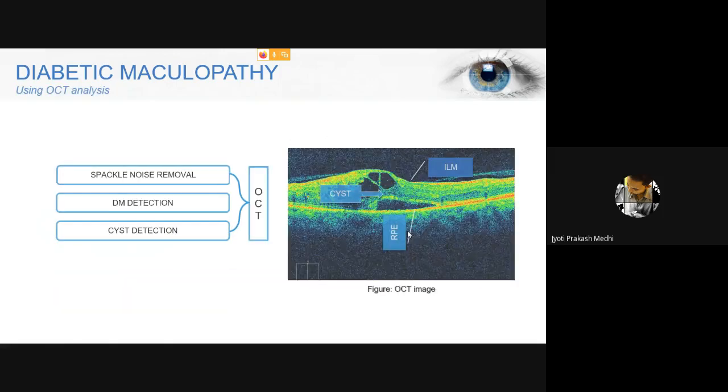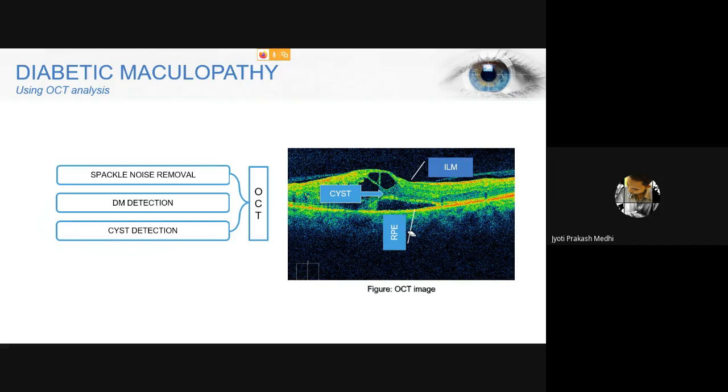Now, in order to identify diabetic maculopathy with respect to optic disc analysis, we have to go through a few steps. As you can see here, the first requirement is the removal of speckle noise. As you can see in this image, these are the speckle noise which are formed during the formation of the image.